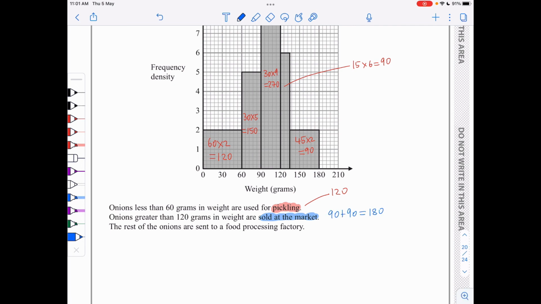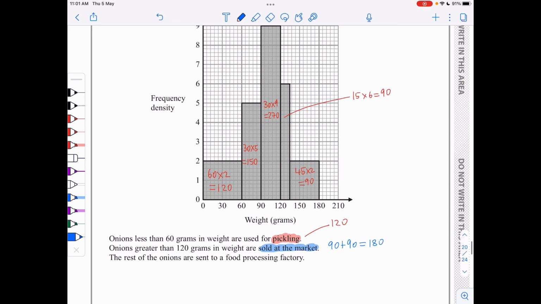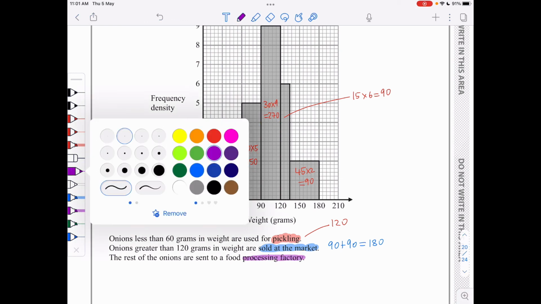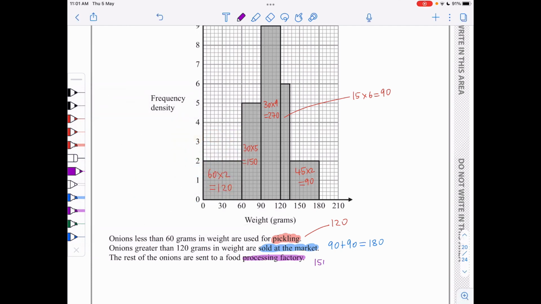And the rest, which are sent to a food processing factory, are the 150 and the 270, which gives me 420.